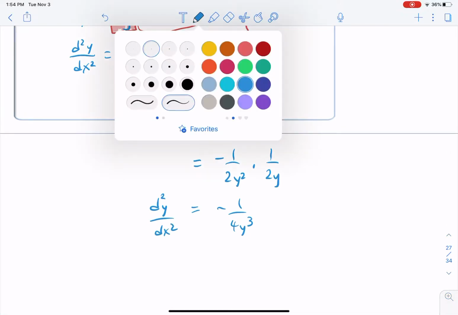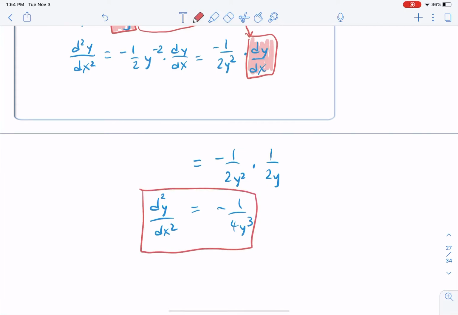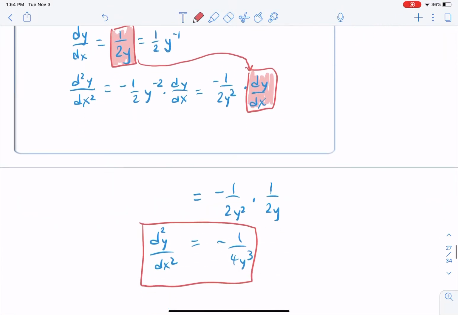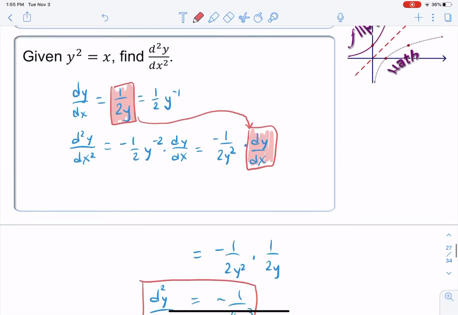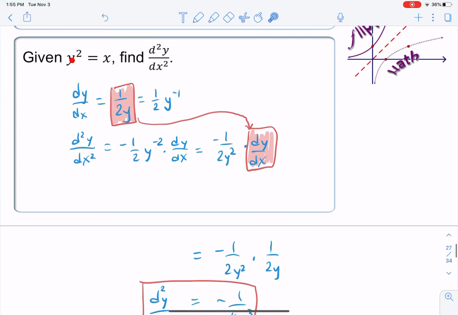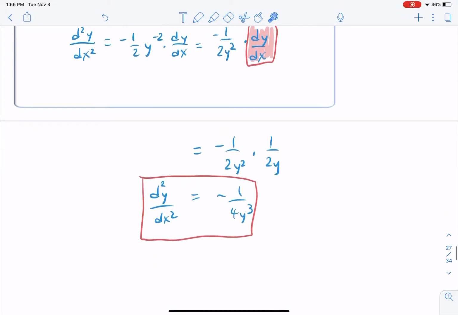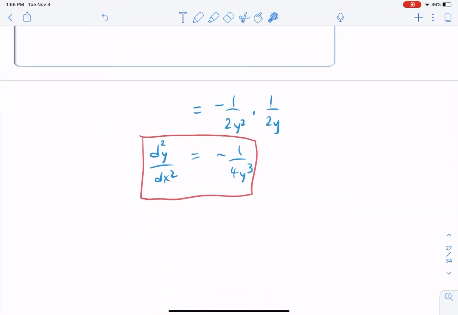Let's say this was a multiple choice test question. I look at my answer choices, and this one is not there. I know I've done all of the math correctly, but the reason it's not there is because sometimes they do something clever, and that is y squared is equal to x. Someplace where I have a y squared, I can take it out and substitute x back in its place. I could have done it right here. For example, let's switch colors to this nice green color.